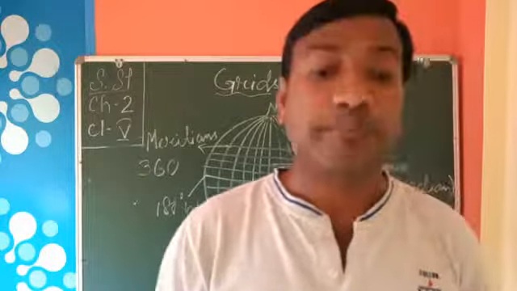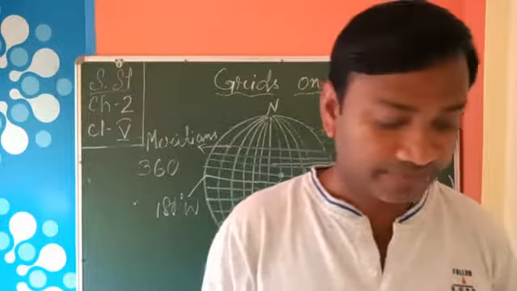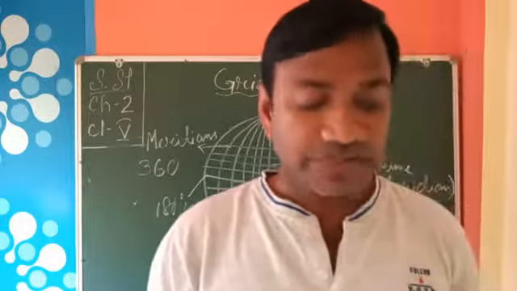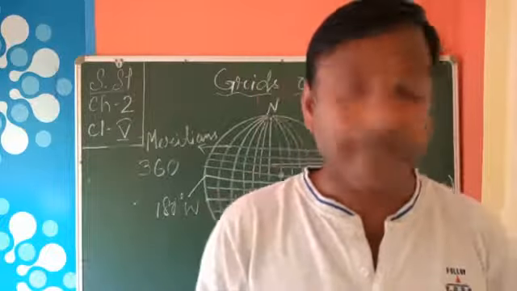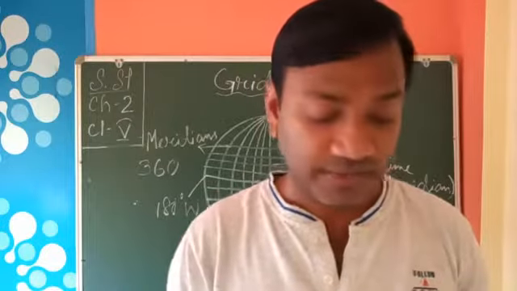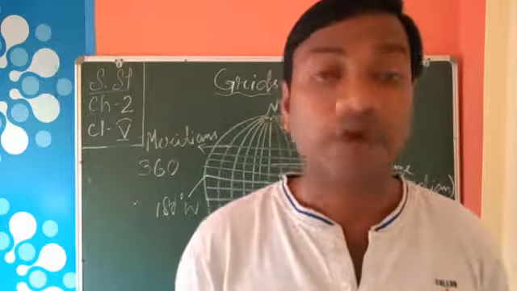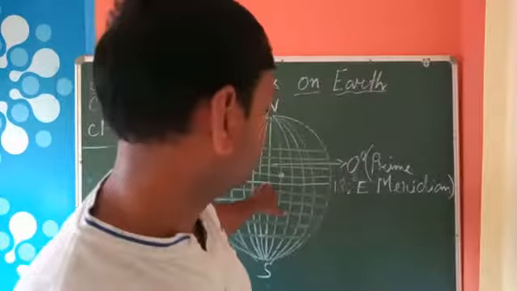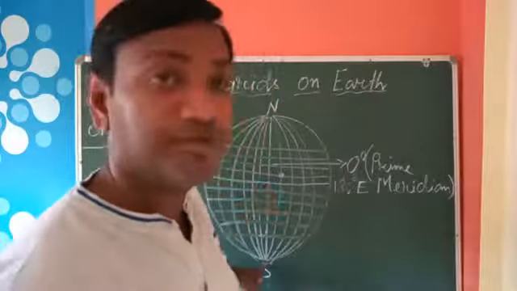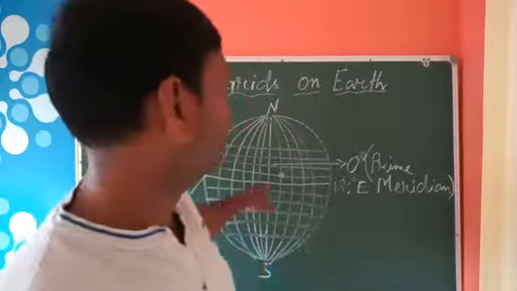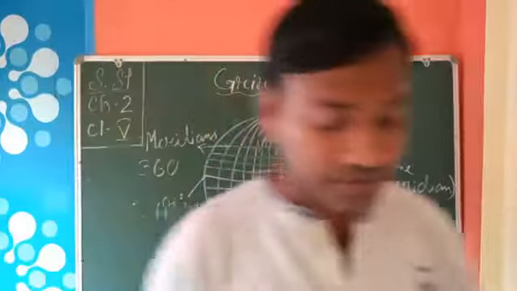Latitudes are also called parallels and are marked as 0 degree to 90 degree north and south of the equator. So from the equator 0 degree to 90 degree south, from the equator 0 degree to 90 degree north.